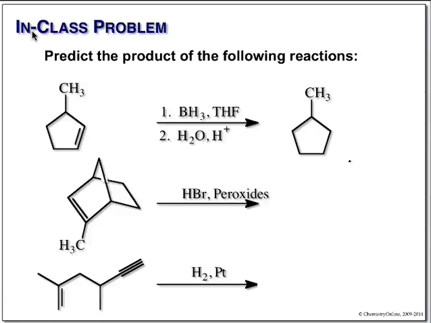We have an alkene. We have HBr, peroxide. What do we know about that? We know that we're going to make the bromine radical. Bromine radical is going to add to our double bond to form the most stable radical. That's going to pick up hydrogen to give an alkyl halide.